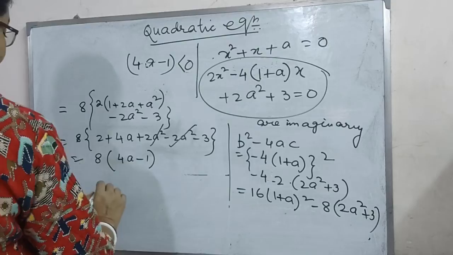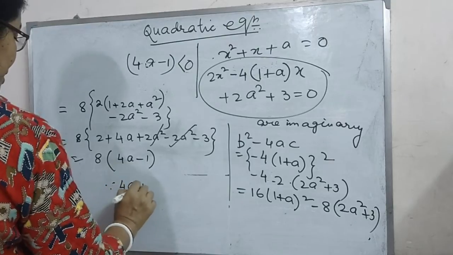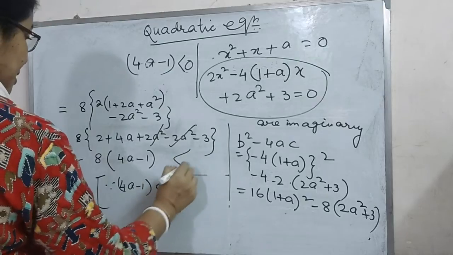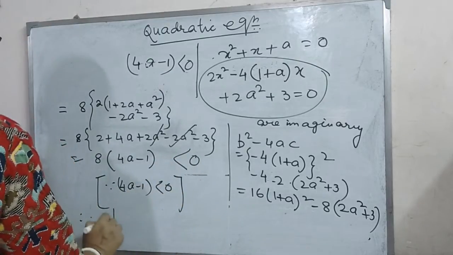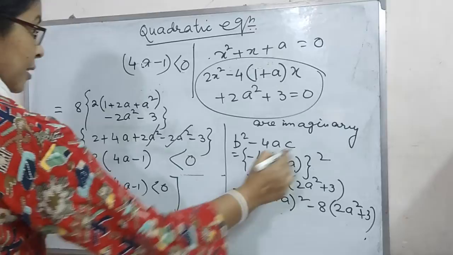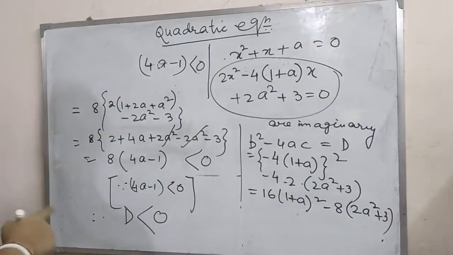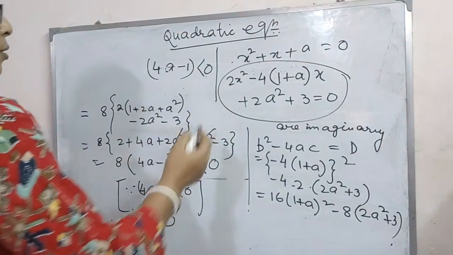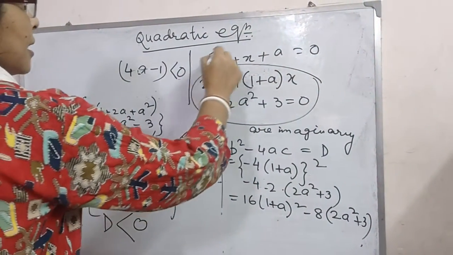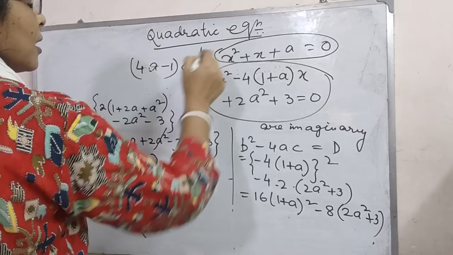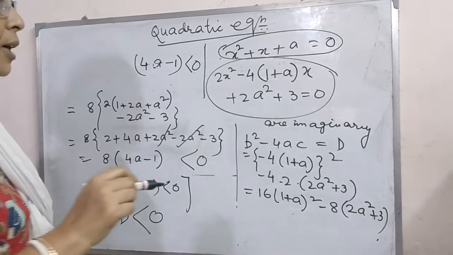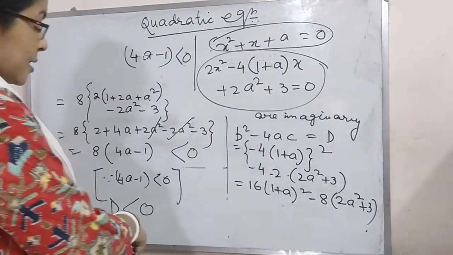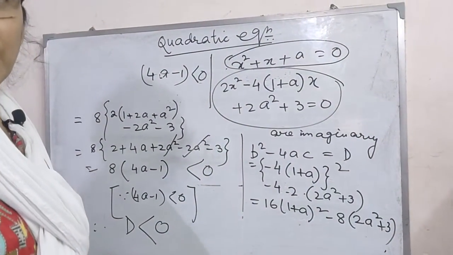Since 4a minus 1 is less than 0, this is less than 0, that means D less than 0, so the roots are imaginary. It is given that the roots of the first equation are real and unequal, and we have to prove the roots of this equation are imaginary. Hence, this is proved. I am ending here.